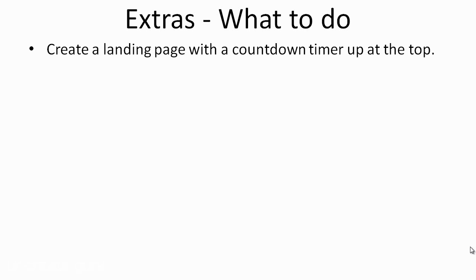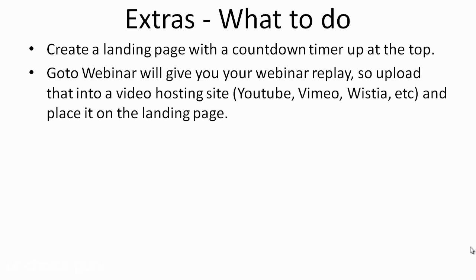So at the very end of your webinar, you say something like, go to www.blablabla.com/special. You send them to a landing page with the countdown timer up at the top, and then you can place the buy button at the bottom so that they are reminded that there is a countdown.